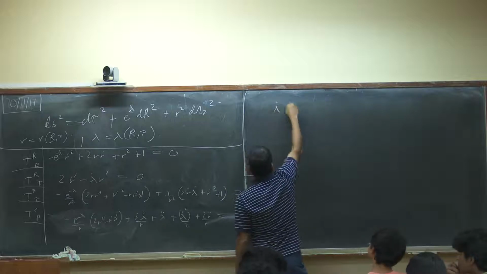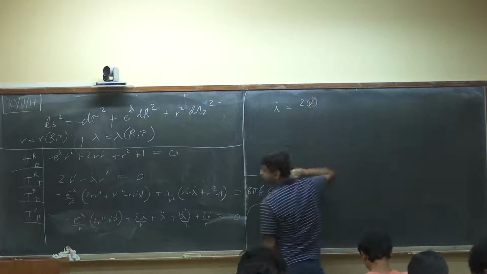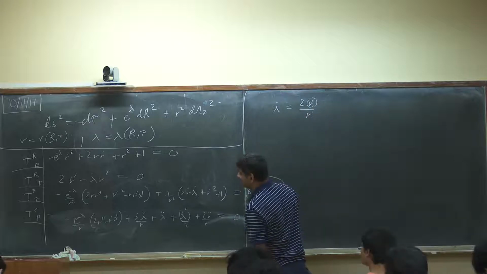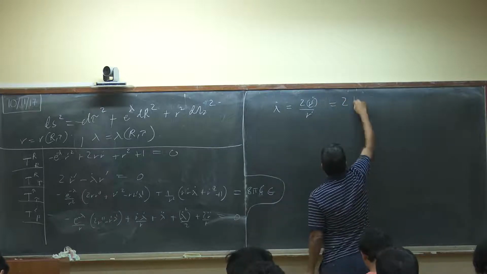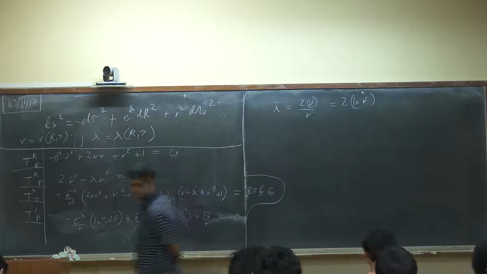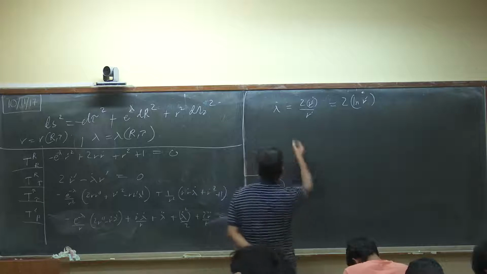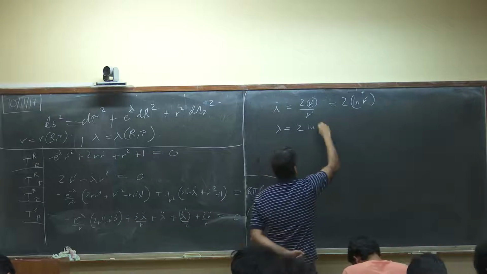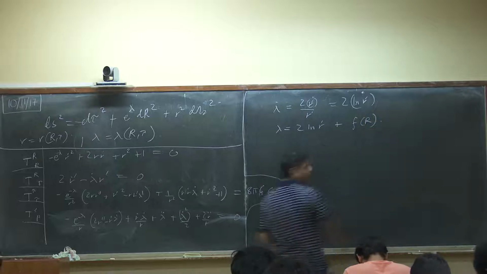So, lambda dot is equal to 2r prime dot divided by r prime. But this is the same as 2 log r prime dot, and therefore lambda is equal to 2 log r prime plus some unknown function of r.